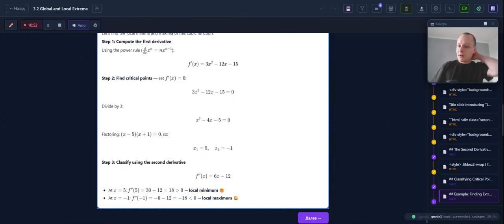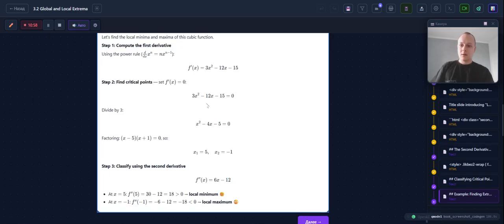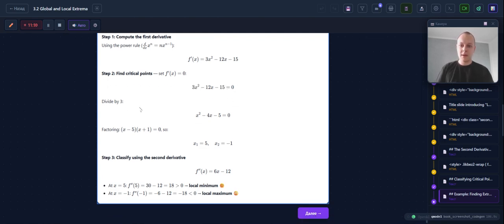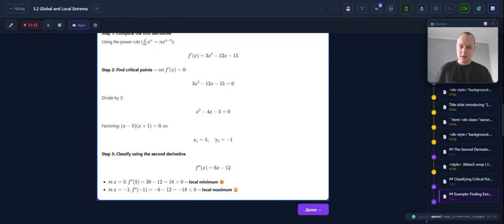And we find critical points by solving this equation. We have to set this function equal to 0. This way we will find two possible roots, solutions of this equation.